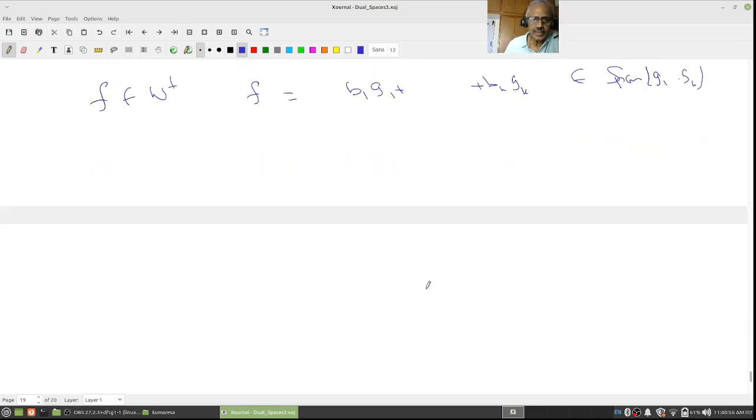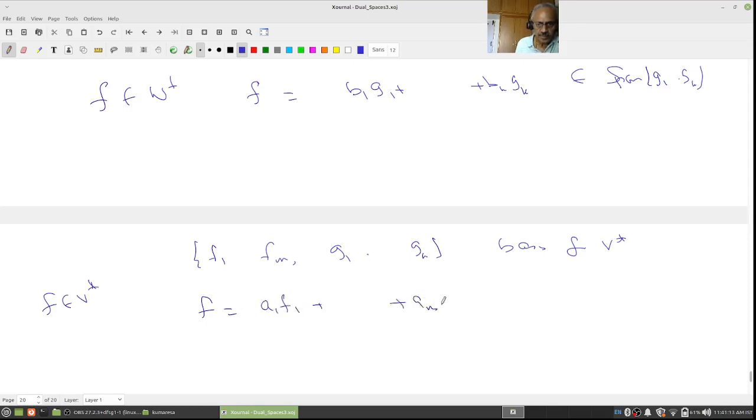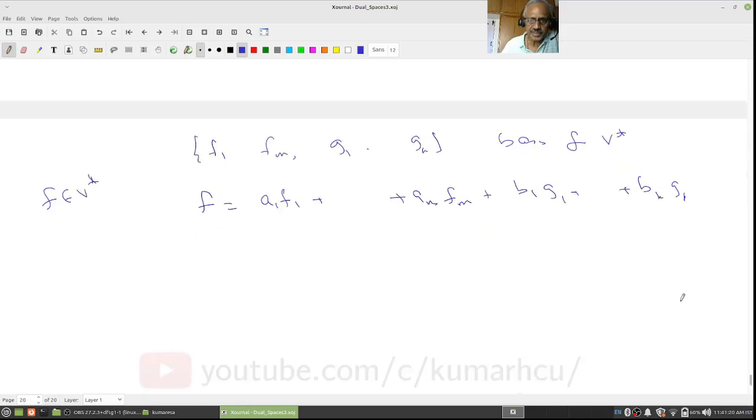Okay, how do I prove that? Now F1 to Fm, G1 to GK is a basis for V star, and F belongs to V star. Therefore F will be some A1 F1 plus AM Fm plus B1 G1 plus BK GK. Right? This is unique. Now start with any Wi where I is less than or equal to M. Then what do I know?